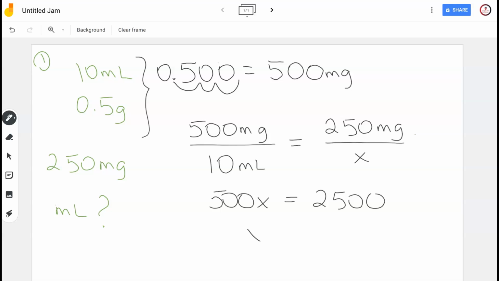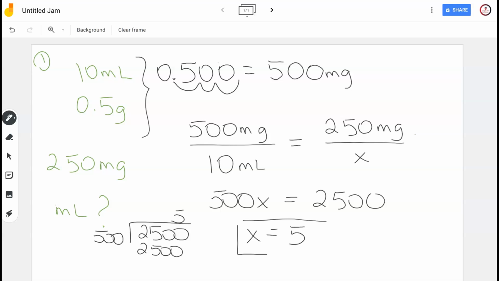You're going to get x by itself, so you divide 2,500 by 500. It doesn't go into 2, 25, or 250, but it does go into 2,500 5 times. So you're looking for 5 milliliters.